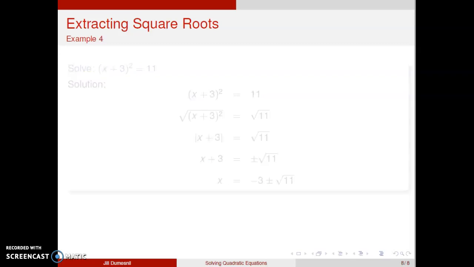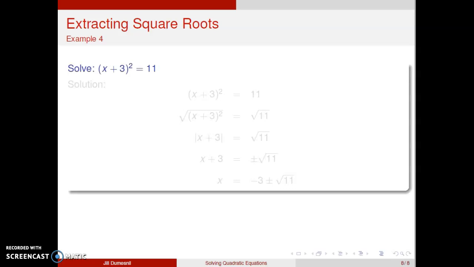Let's consider a final example to strengthen our understanding of this process. Solve the equation quantity x plus 3 squared equals 11. This is a quadratic equation that looks somewhat similar to our previous example. We take the principal square root of both sides of the equation. The square root of a perfect square yields an absolute value.